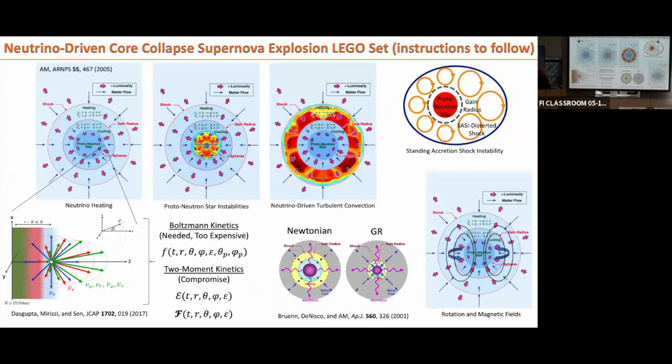And then, of course, you also have the inverse weak interactions. So throughout this region, you have both left to right and right to left weak interactions happening.